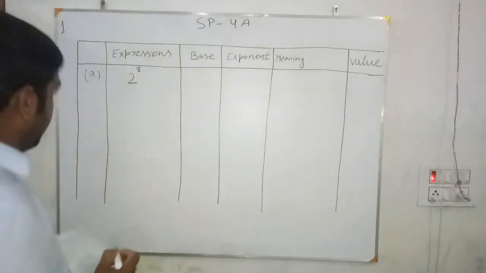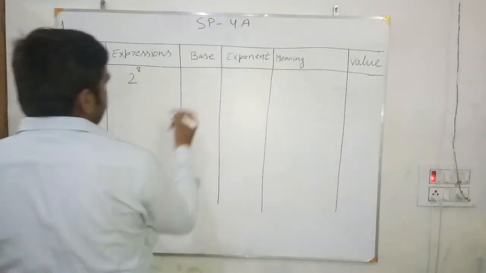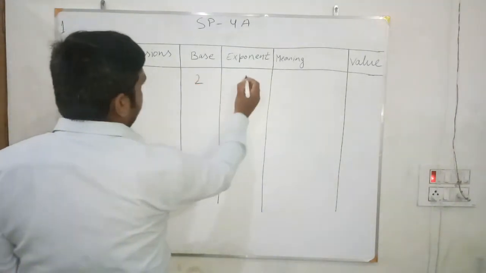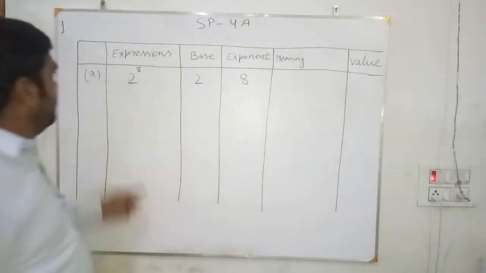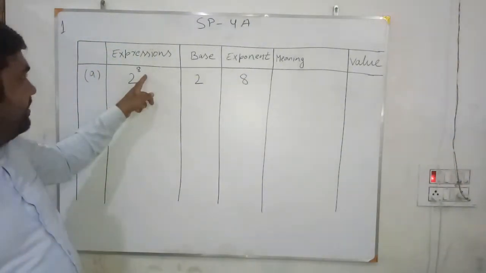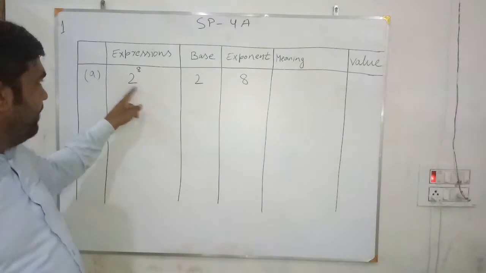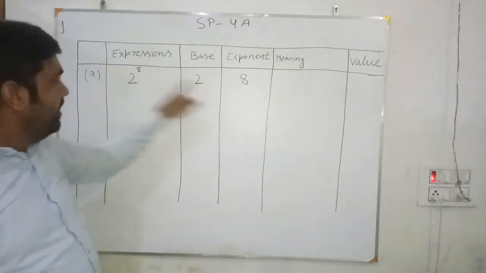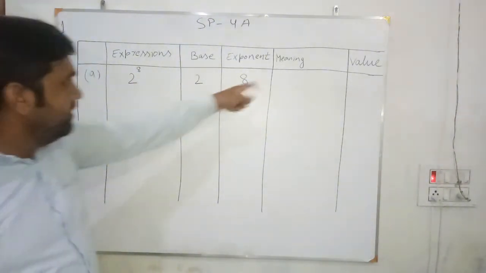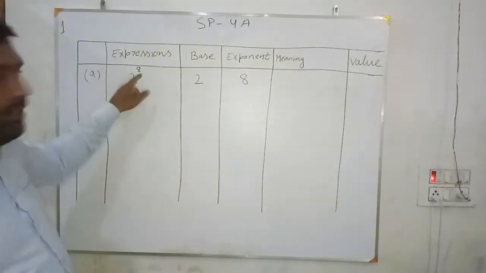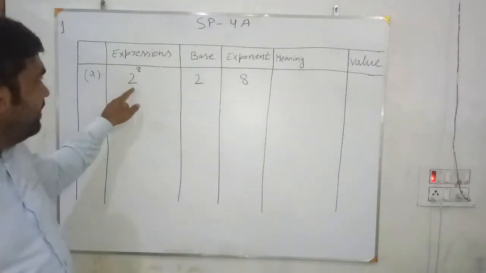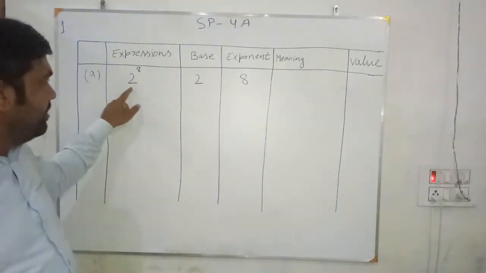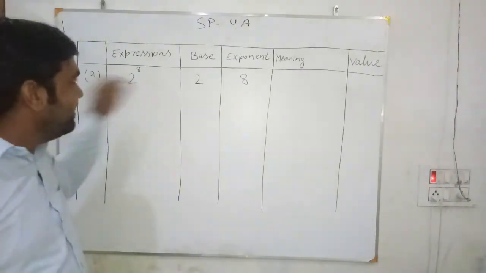Now in this question the base is 2 and the exponent is 8. The expression is 2 to the power 8. What is its meaning? 2 to the power 8 means multiply the base itself, that is 2, 8 times.